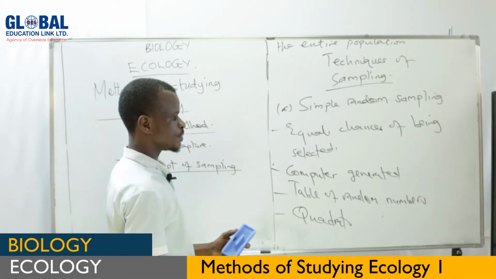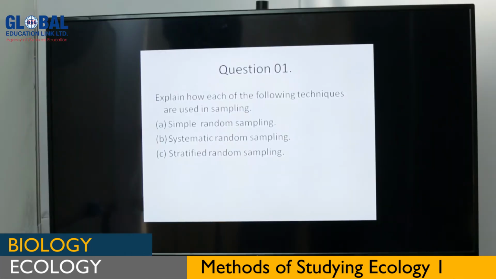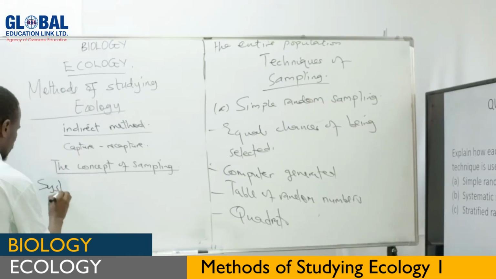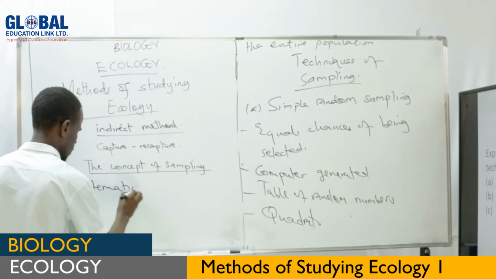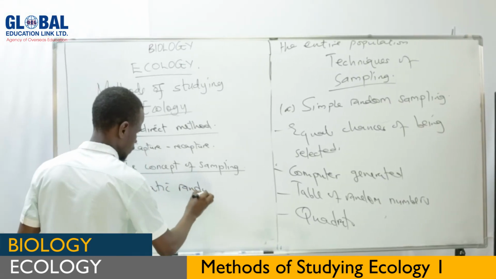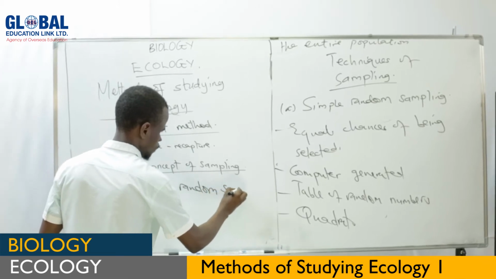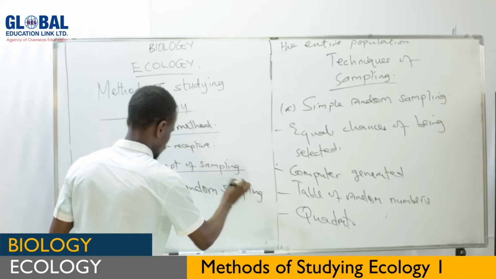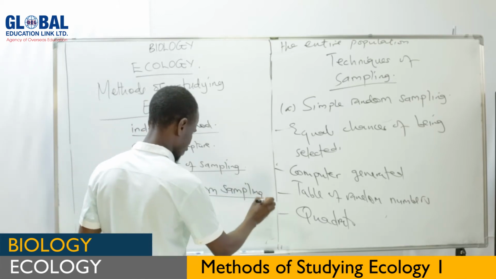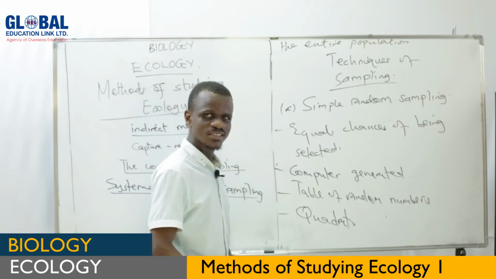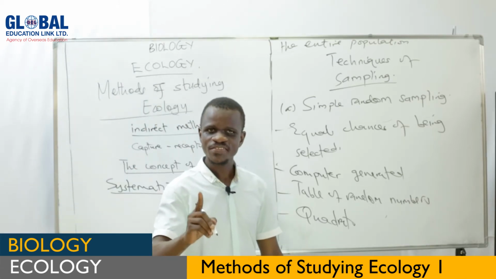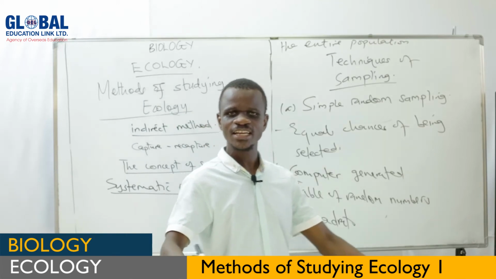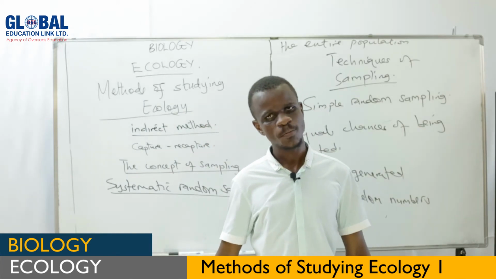Now, if we go to part B, systematic random sampling. My student, systematic. Here, the sample is collected at a regular interval.